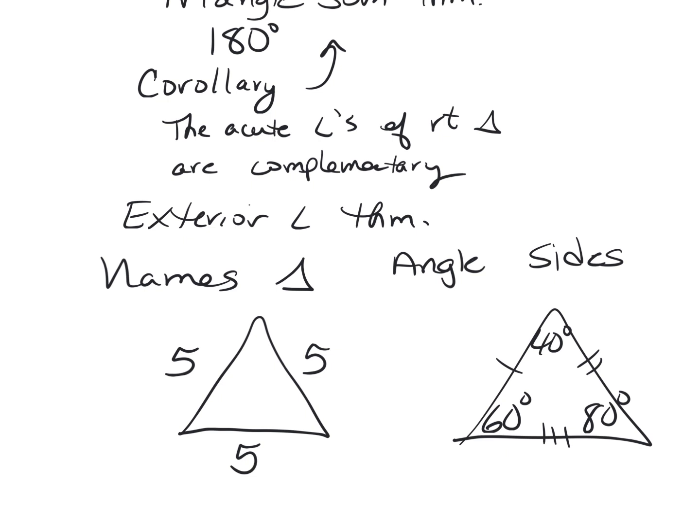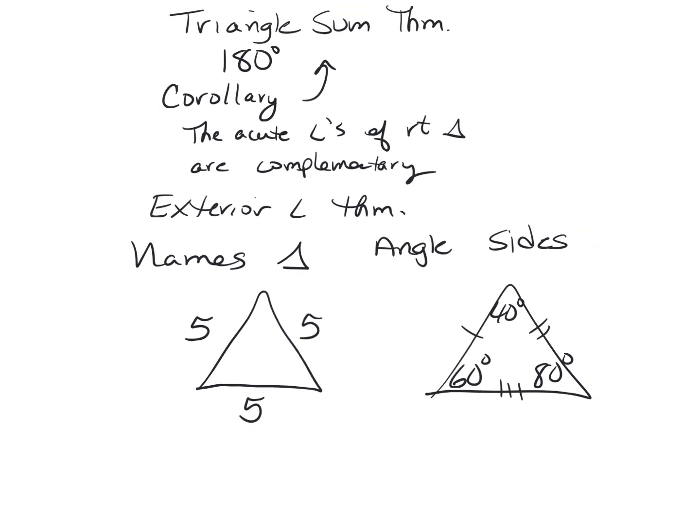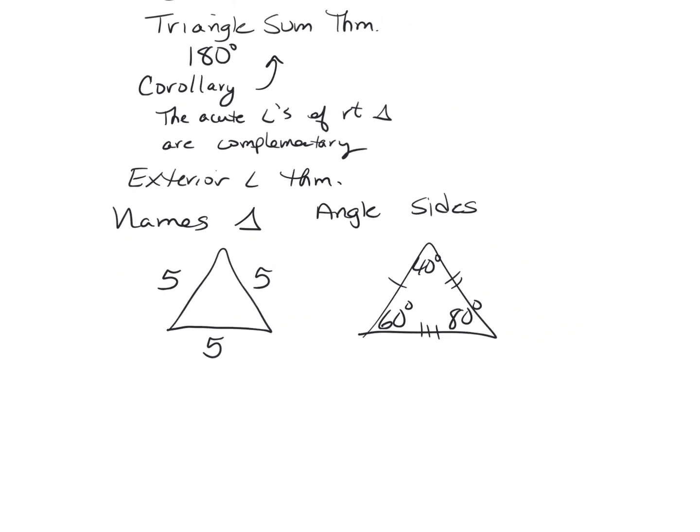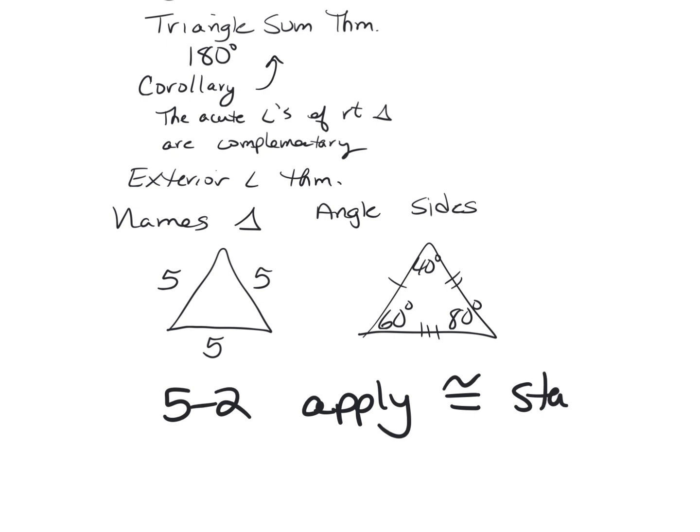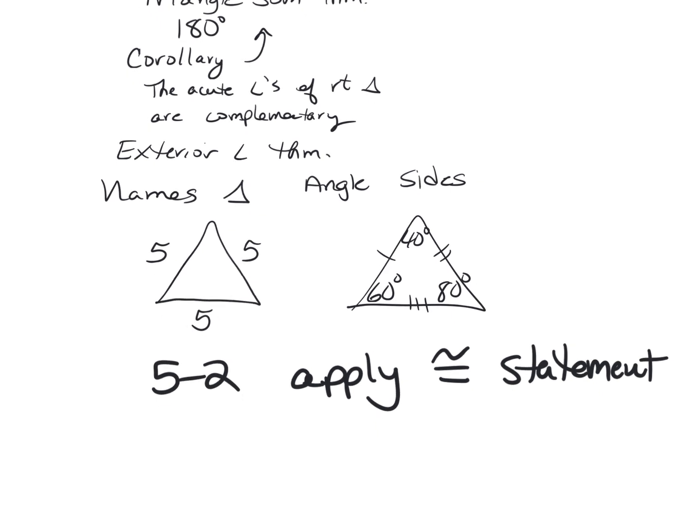From 5.2, all you need to know is how to apply a congruency statement and find the corresponding congruent parts, and then also know how to use the third angles theorem, which basically states that if you have 2 congruent angles in one triangle that are corresponding to another triangle, then the third one is also congruent.